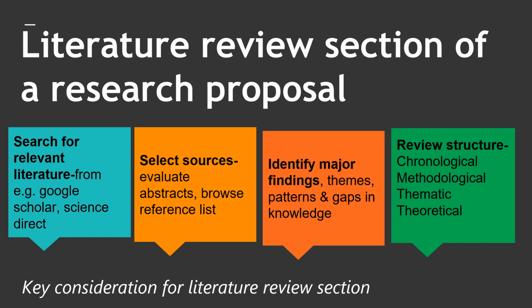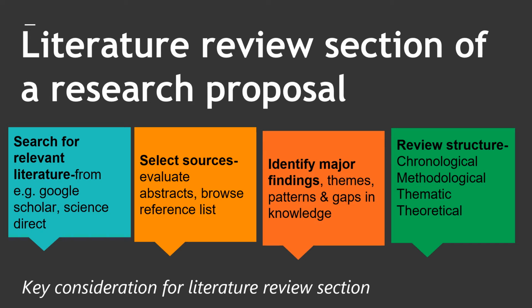And you can do that by searching the relevant databases in your field where you can find academic sources. For example, you can use Google Scholar or Science Direct or any other well-known database in your field. When you are searching for the literature, you use keywords so that you can identify relevant manuscripts.